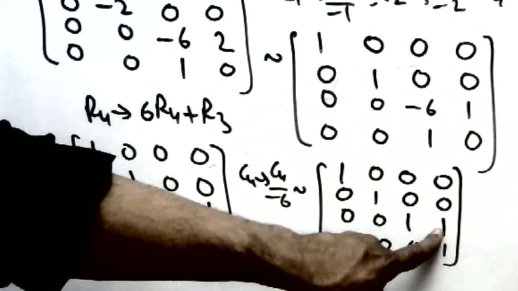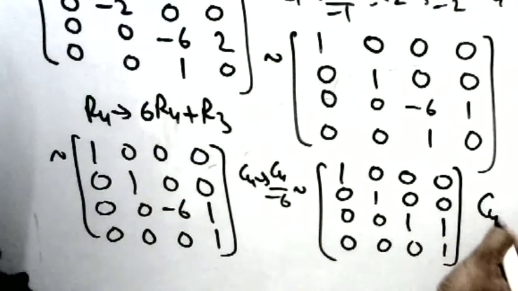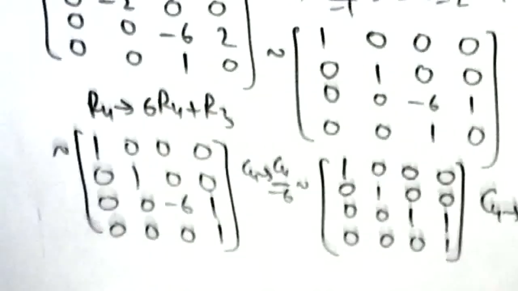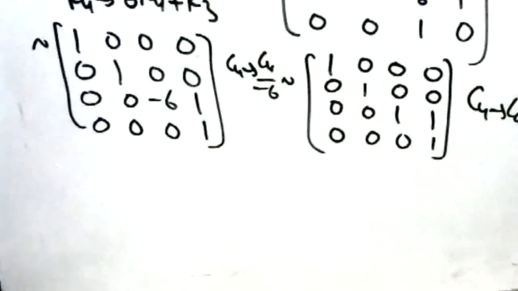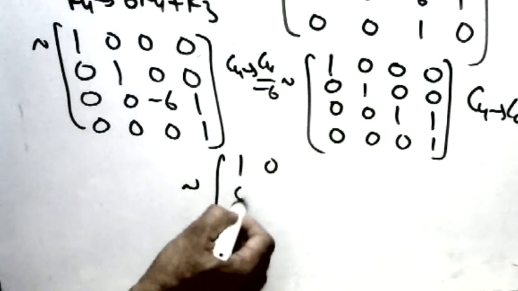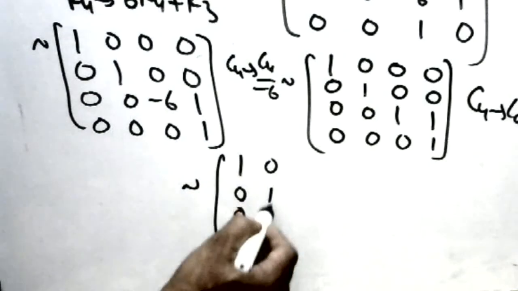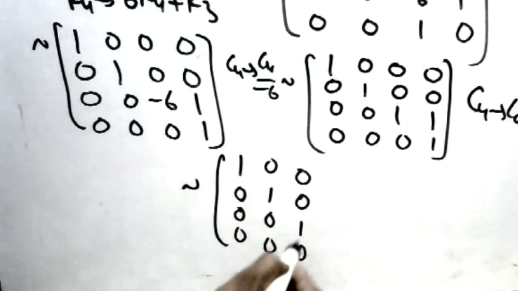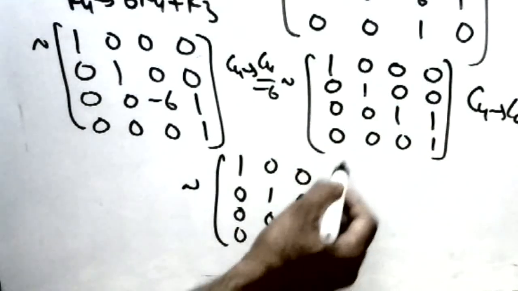If we make this 1 zero, we'll get the identity matrix. So this is C4 minus C3. C4 implies C4 minus C3. So I am writing it down. See, this is the last step. So we are left with 1 1 0 0 0 0 1 0 0 0 0 1 0.